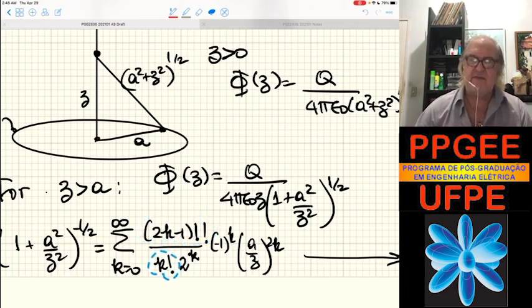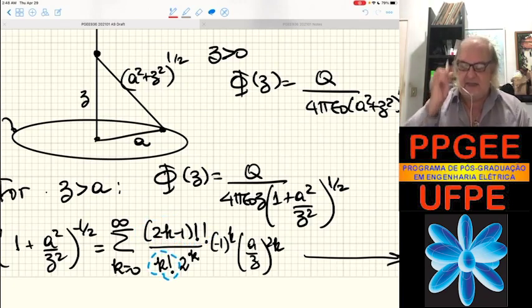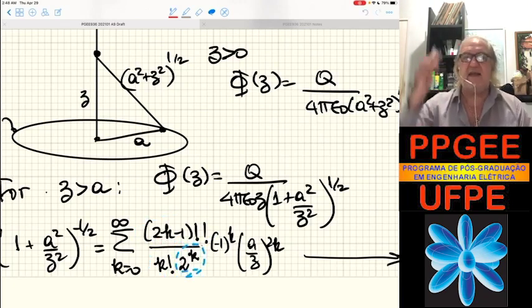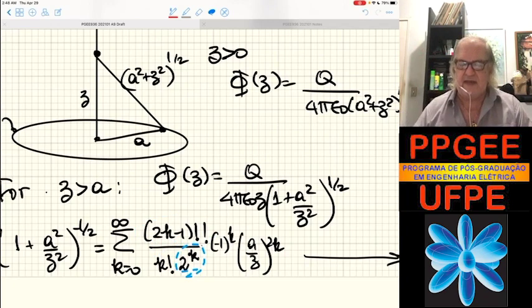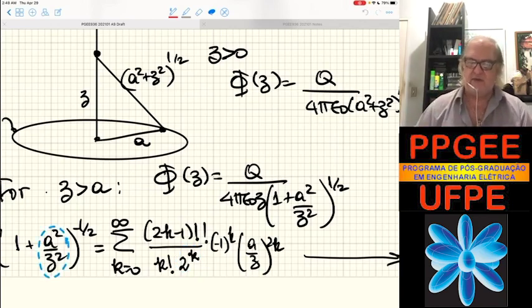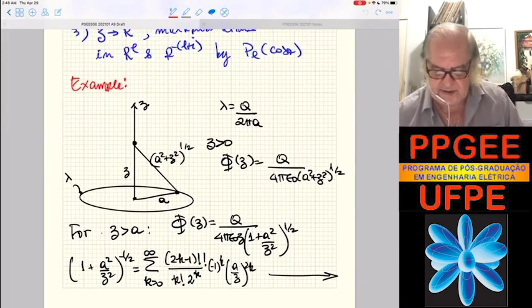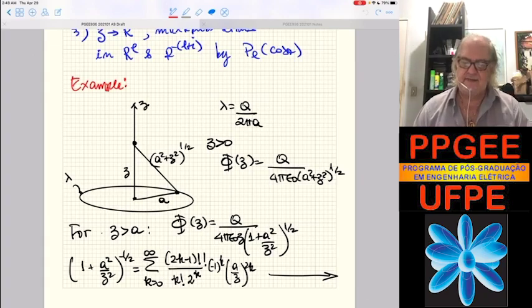This k factorial comes from the Taylor series formula, and this 2 to the k is the 1/2 multiplied several times. So the 2 here is because you have a square factor here. So that's the expansion, right?